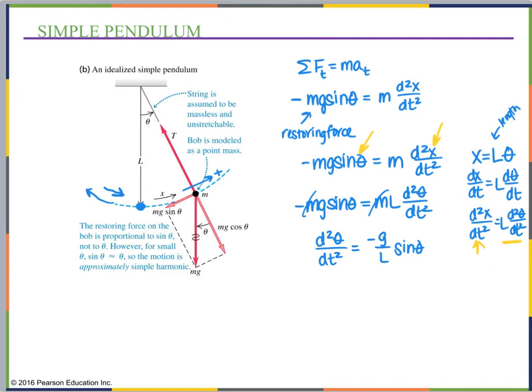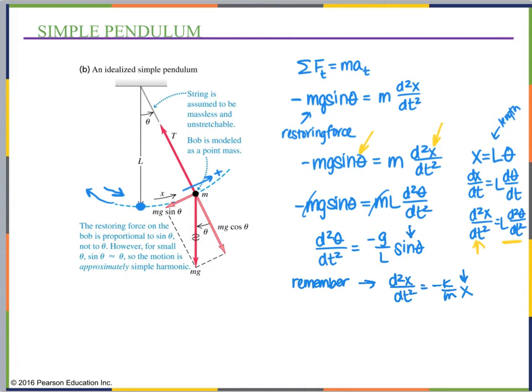Now, remember that our previous expression for the simple harmonic oscillator was that we just had the variable here. We didn't have the sine of theta.